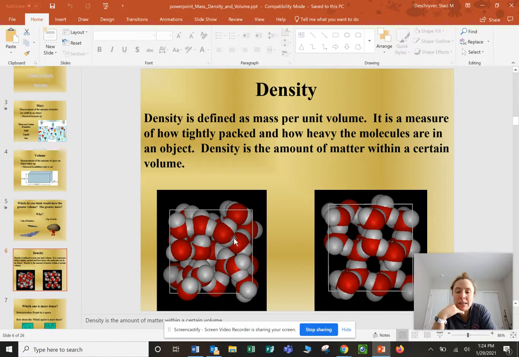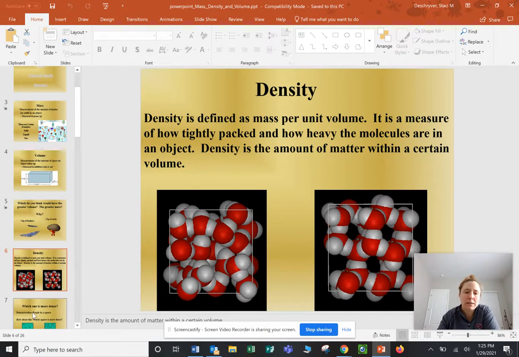When you talk about density, you have to talk about both mass and volume. That's important. So remember, the definition of density is how heavy something is for its size, not just how heavy something is, not just what the size of something is, how heavy it is for its size. There's a big difference. It's a subtle difference, but it's a big one.